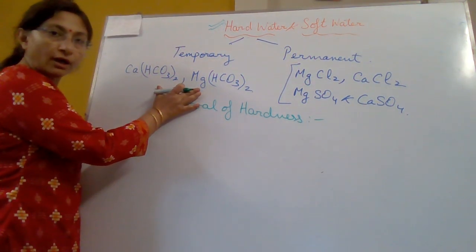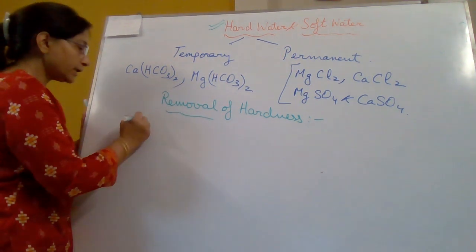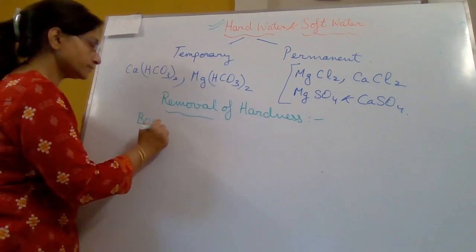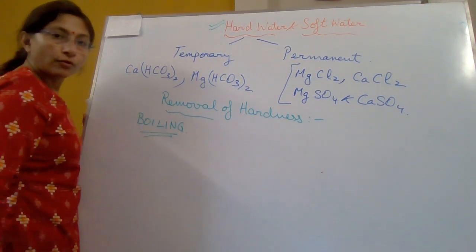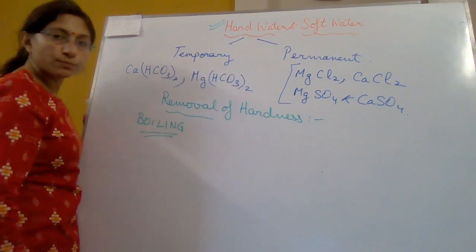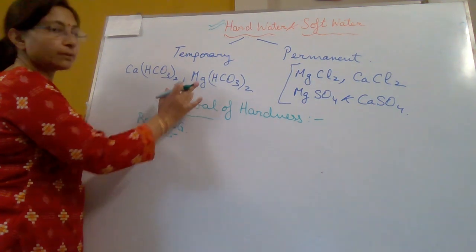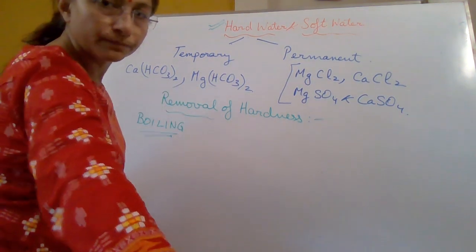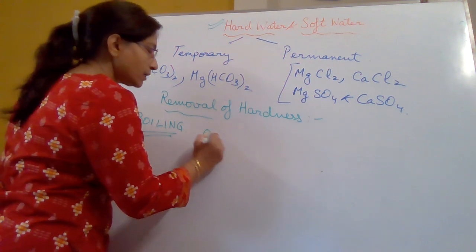For the temporary hardness of water, the method that is applied is simple boiling. When the temporary hard water is boiled, the bicarbonates of calcium and magnesium can be removed. How will they be removed? Let's have a look.